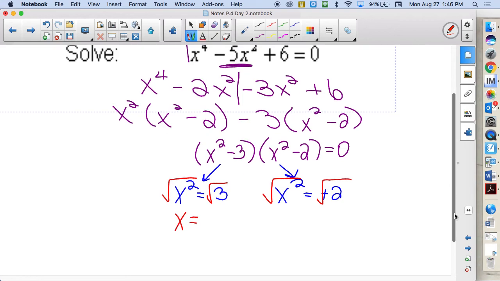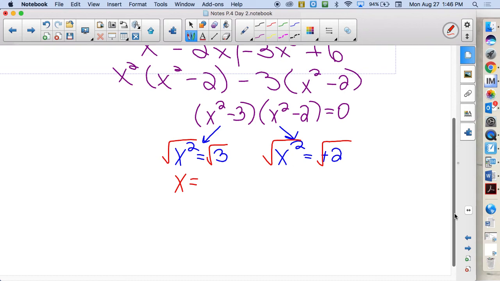The square root of 3 is not a whole number. We don't want a decimal, just keep it as the square root of 3. But because you took the square root and applied it to the problem, it's a plus or a minus. Same thing with the square root of 2. It's 1.41 and so on. I don't want a decimal, just keep it exact. So plus or minus square root of 2. Questions?